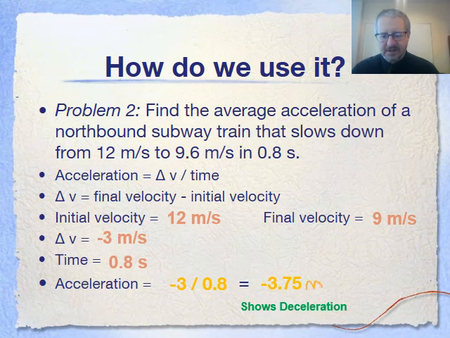So let's get our unit in there. Meters per second. Looks like a 5, I know. Oh well, what can we do? So we're showing deceleration by having this negative number out here. So because this is negative, we have deceleration. All right.